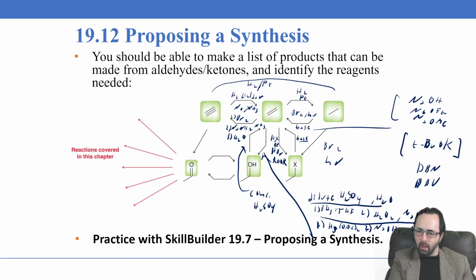If we want to oxidize the alcohol to a carbonyl, we could use PCC, a soft oxidizing agent, so that we don't oxidize if it's an aldehyde. If we use a strong oxidizing agent such as chromic acid, H2CrO4, or you can use sodium dichromate with acid, which is essentially the same thing, Cr2O7, this will be the hard oxidation, and this would produce a carboxylic acid from an aldehyde.